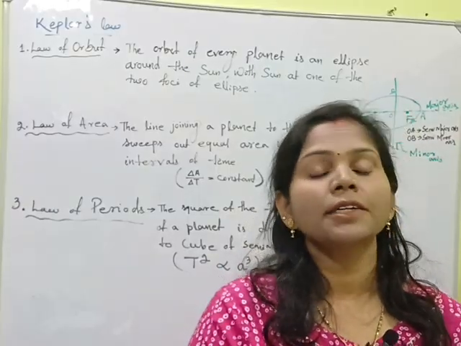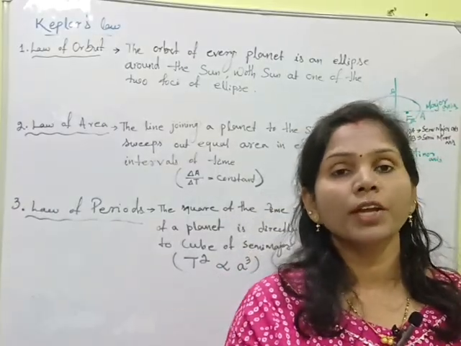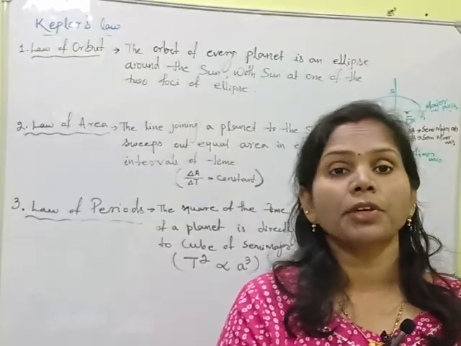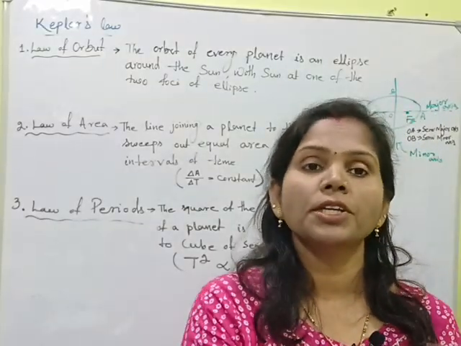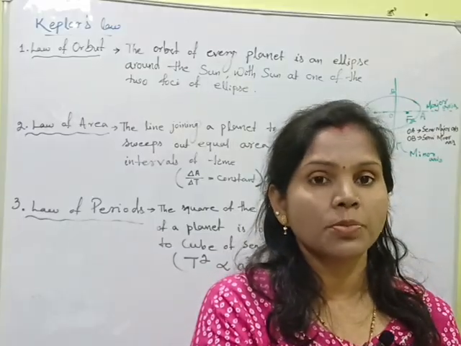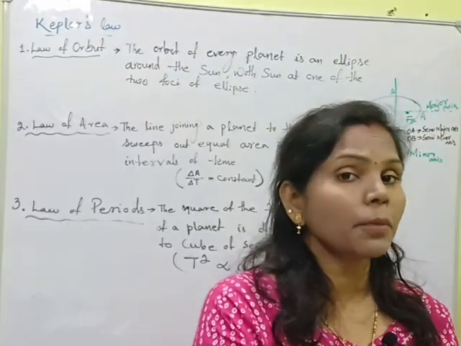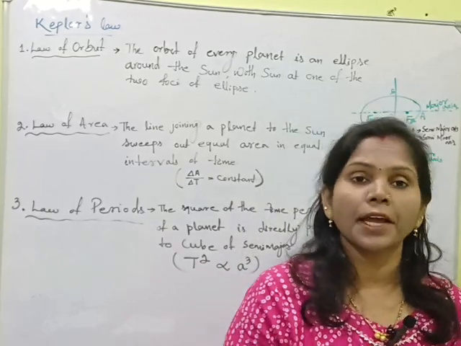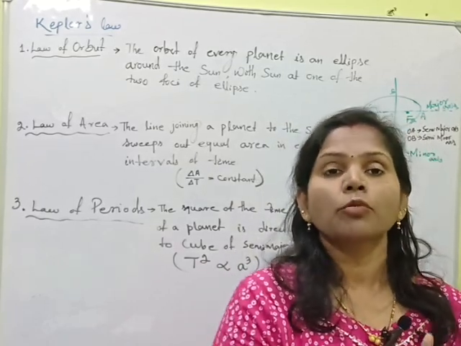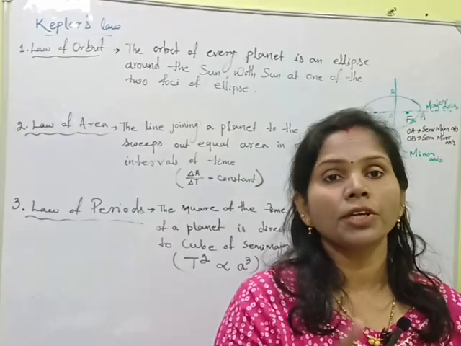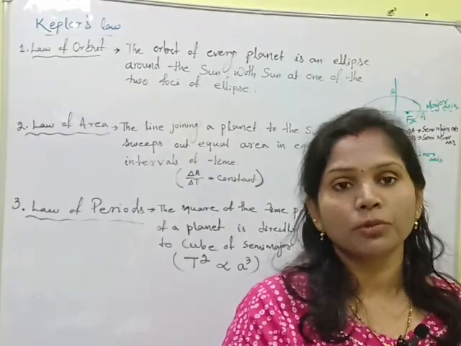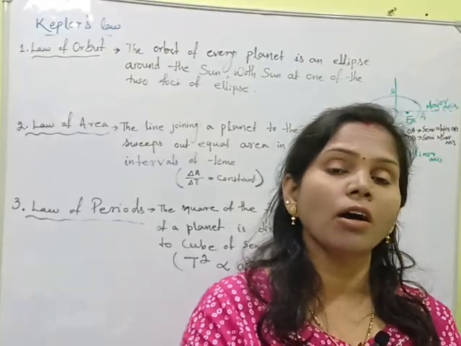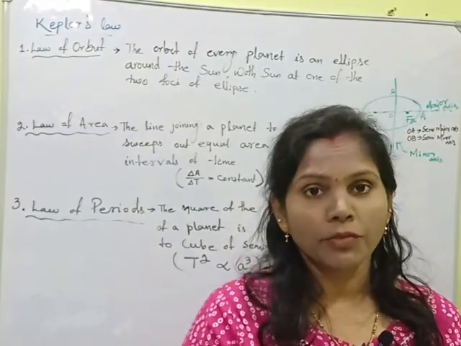All the planets move around the Sun in an elliptical path, and the Sun is at one of the foci. We know that an ellipse has two foci, and the Sun is placed at one of them, while all the planets move in the elliptical orbit.